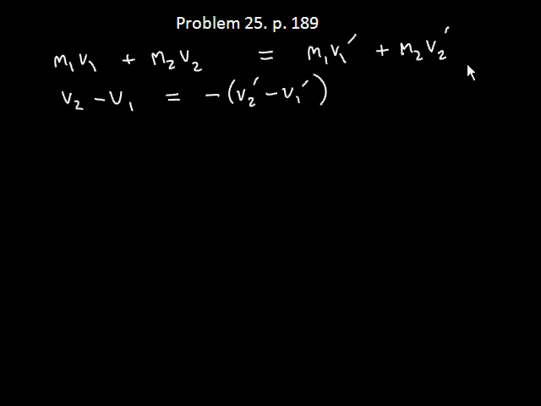So here are those two equations that I just derived by considering conservation of momentum and conservation of kinetic energy, or that it's an elastic collision. I'll number these equation 1 and equation 2.